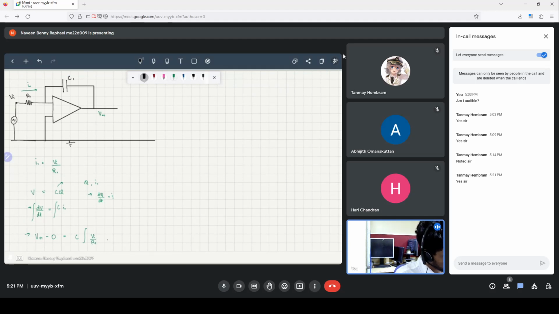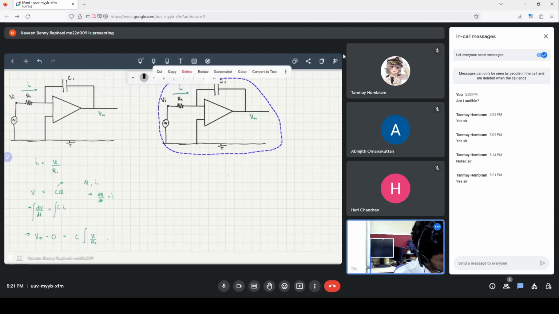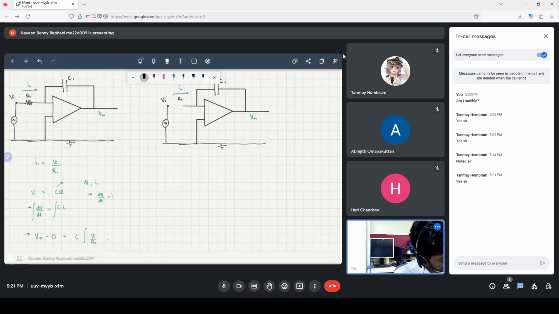Now the other part of the equation was... so this is the other part of the equation.